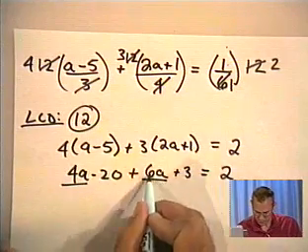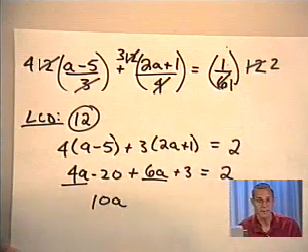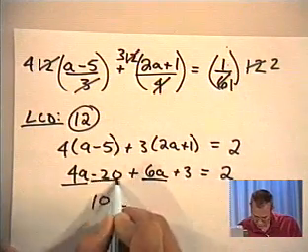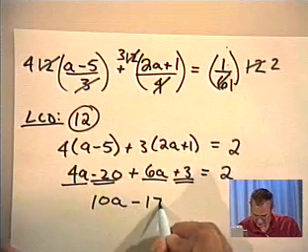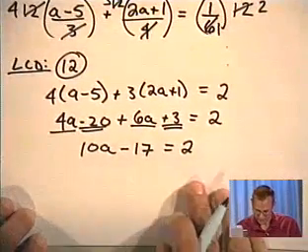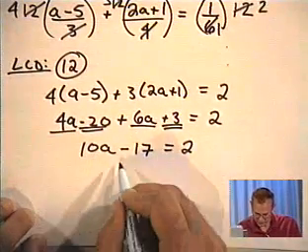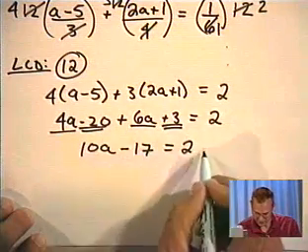4a and 6a is 10a, and negative 20 and 3 is negative 17. So let's make sure the a's are on one side and everything else is on the other.